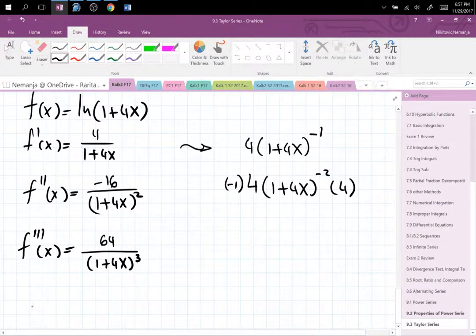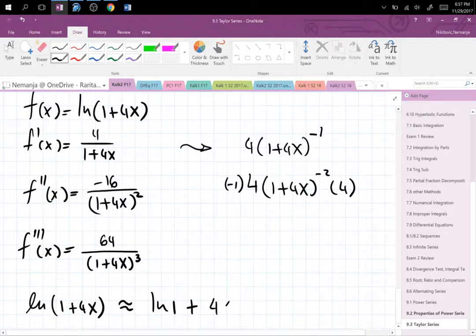Right, so now we have f of 0, that's going to be ln 1, plus the derivative computed at 0 is 4 divided by 1, so it's just a 4, times x, plus the next derivative computed at 0 is negative 16, needs to be cut in half, x squared, and the next derivative is 64, needs to be divided by 6 because it's 3 factorial, and then x cubed.